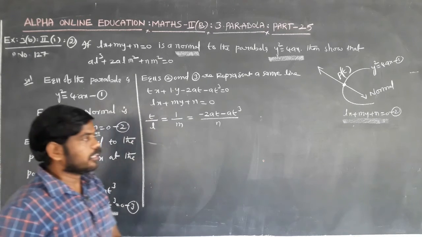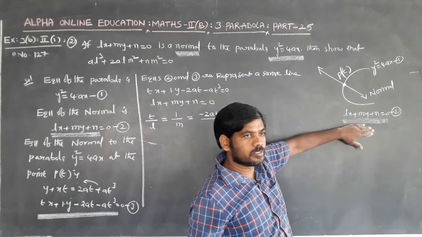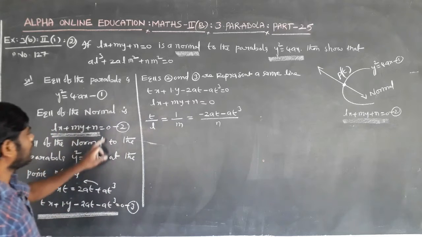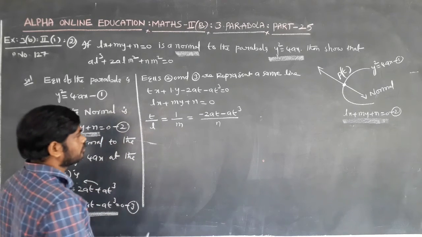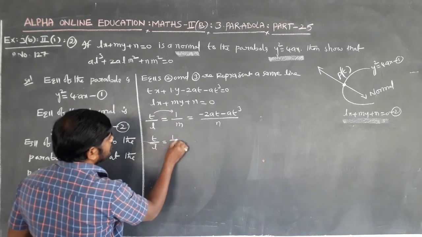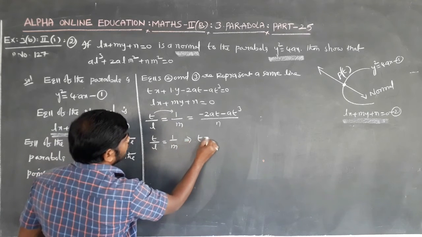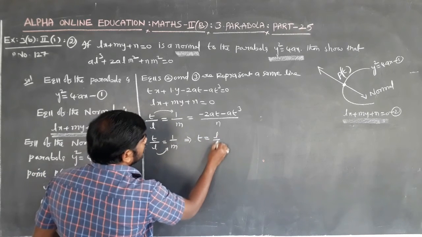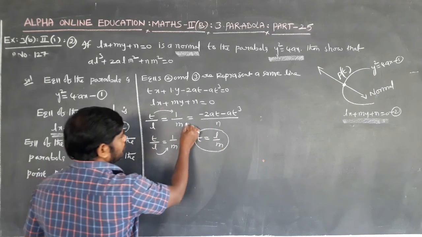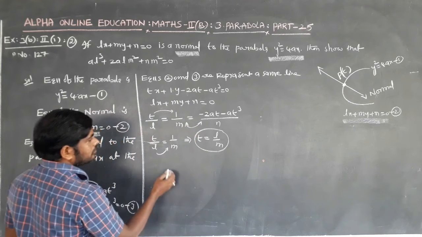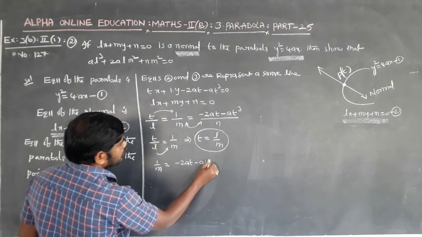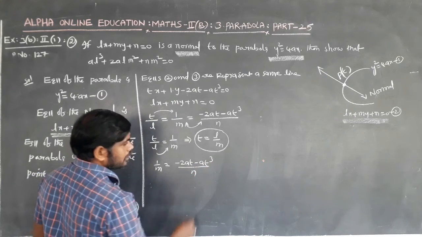Here, given the equation of the normal, we find the equation of the normal and compare equations 2 and 3. Equating first and second, t/l = 1/m, so t = l/m.